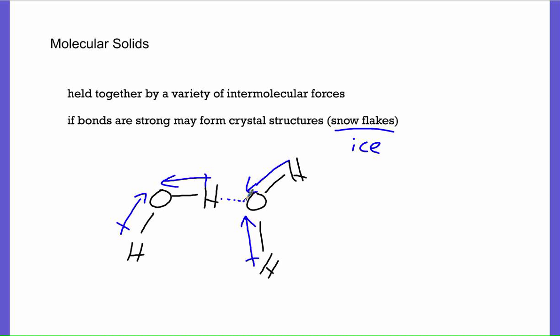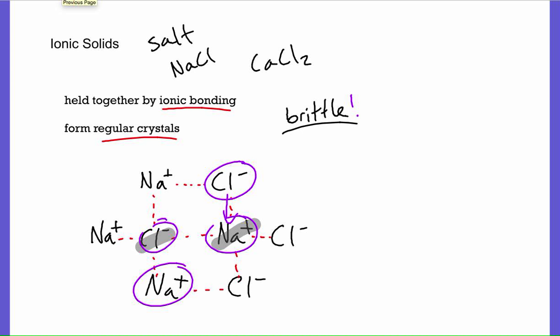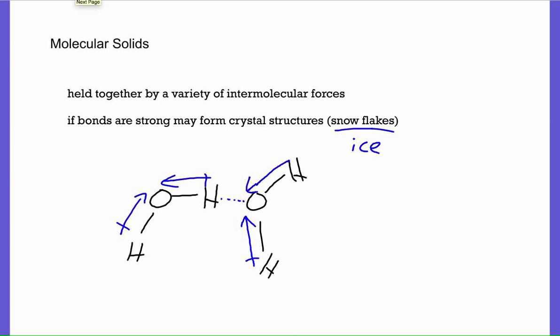It was easy for that ionic compound on the last slide to arrange itself in a regular crystal because every sodium had to be surrounded by chlorides. But the same thing's kind of true here. It's just not a regular shape because the water molecule itself, it's a molecular solid because I have molecules that are attracted to each other. They just happen to be polar molecules in this case.